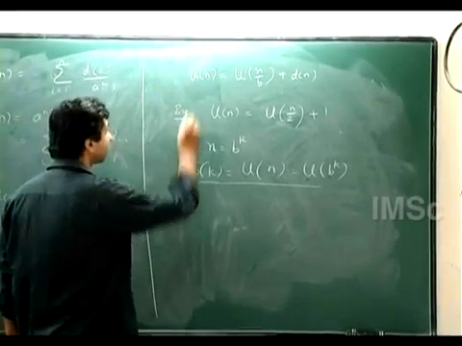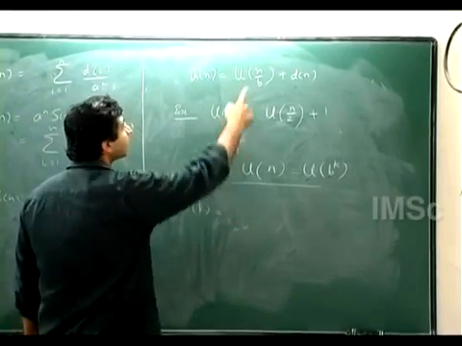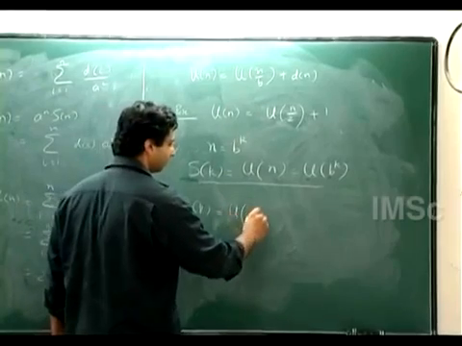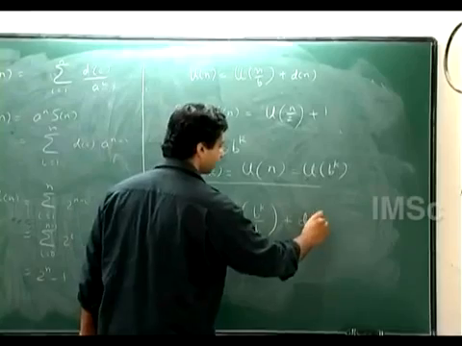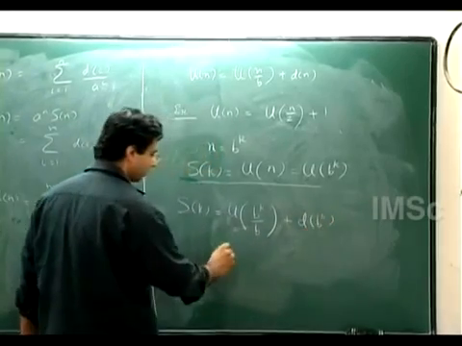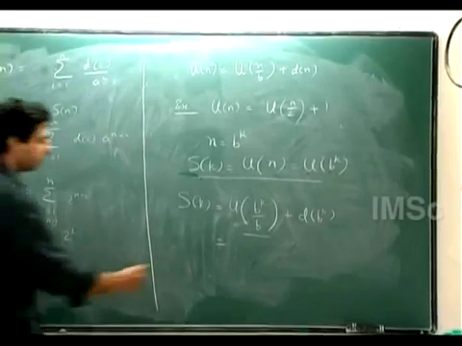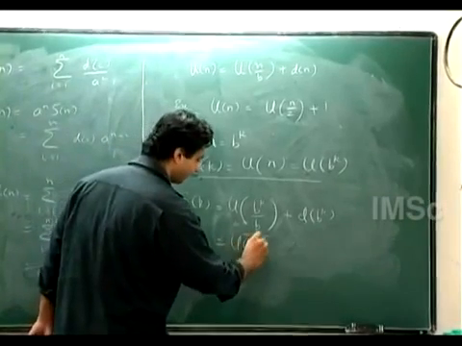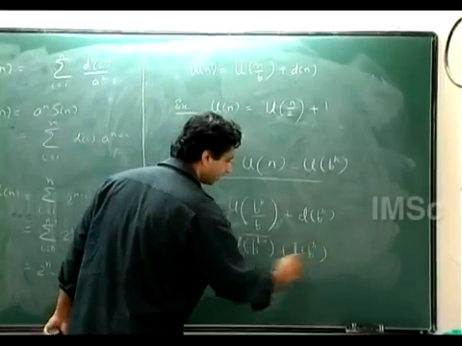So why is that? What we have done is, u of n is just S of k, and u of n by b is u of b raised to k minus 1 plus d of b raised to k.